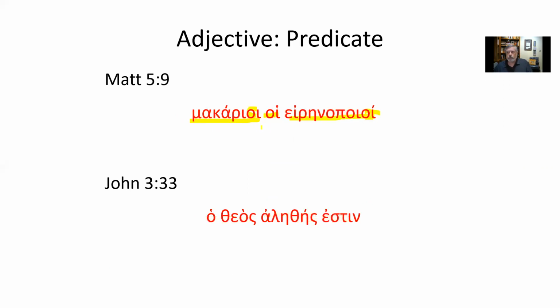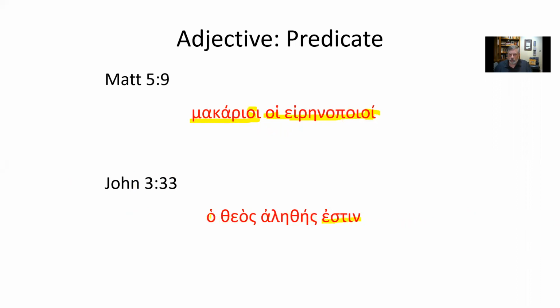So everything's nominative plural here. Makarioi in the nominative plural, referring to blessed. The verb is not given to us. It's implied. It would be are, because it's plural. You wouldn't say is. Blessed are what? Well, the blessed are the peacemakers. John 3:33, we have the verb given to us, and it is.